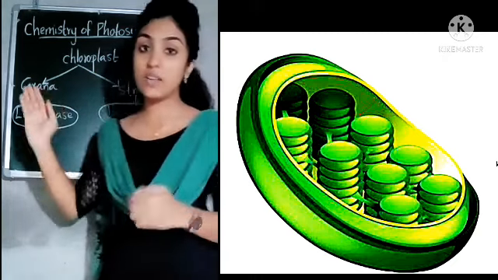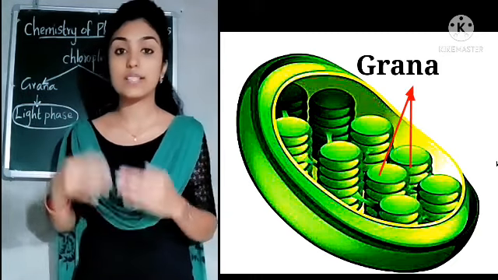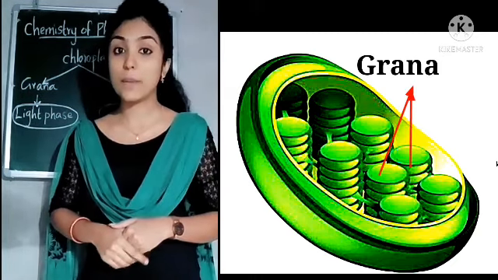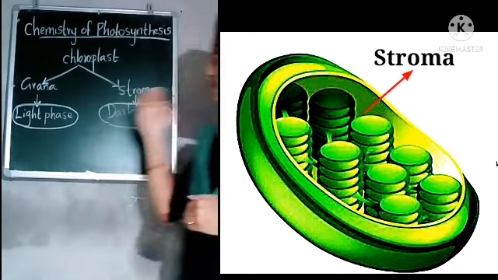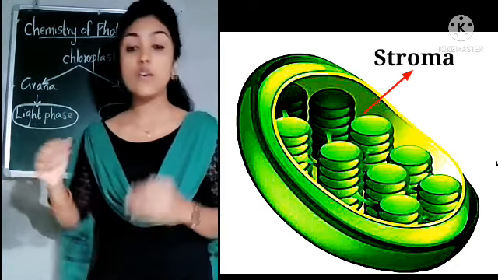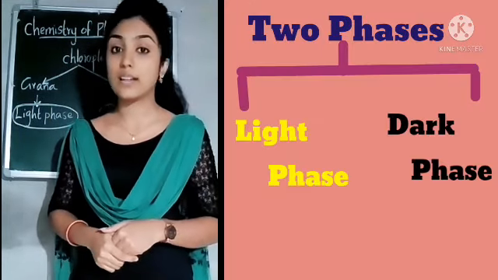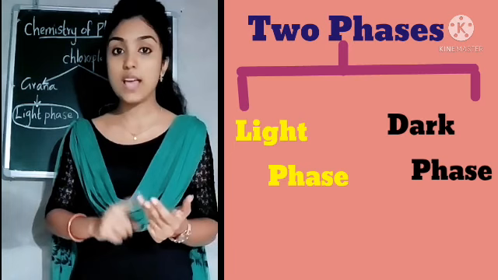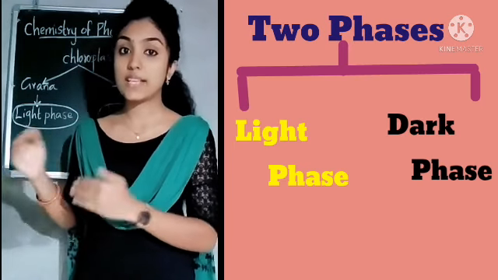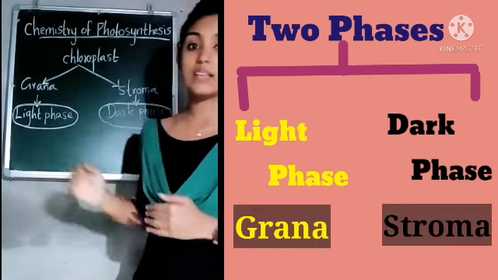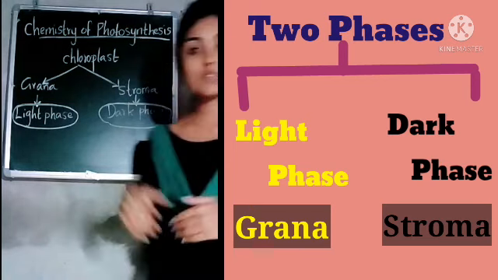And what is grana? We already studied it last class. Grana is the pack of membranous sacs. And what is stroma? Stroma is the fluid part of chloroplast. So in photosynthesis, there are two phases: light phase takes place in grana and dark phase takes place in stroma.